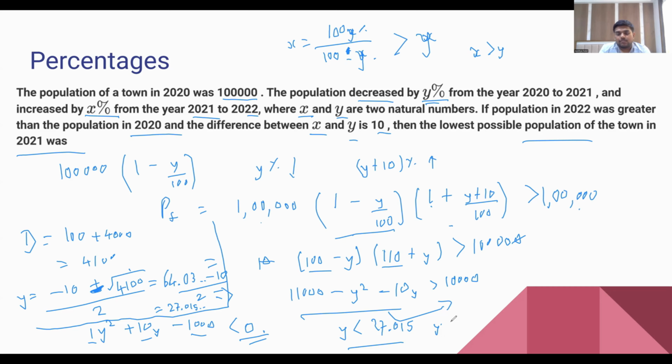So y is equal to 27. And putting it here gives you the value as 73,000. Okay. So this is how the concepts of percentage clubbed with quadratic equations as well as inequalities help you in solving such questions.